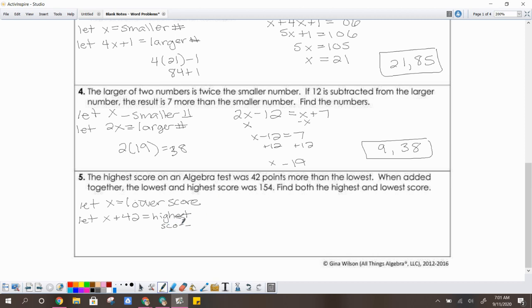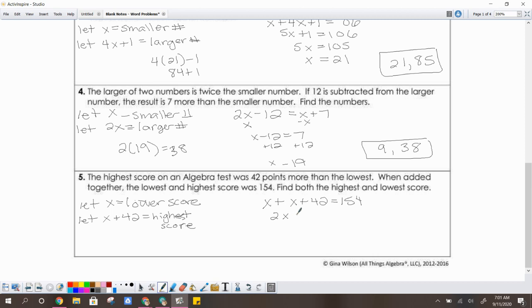Okay, so now that we have that, it says when we add them together, the lowest and the highest score is 154. So we're taking x plus x plus 42 to get 154. So now I can go ahead and solve, combine my like terms.